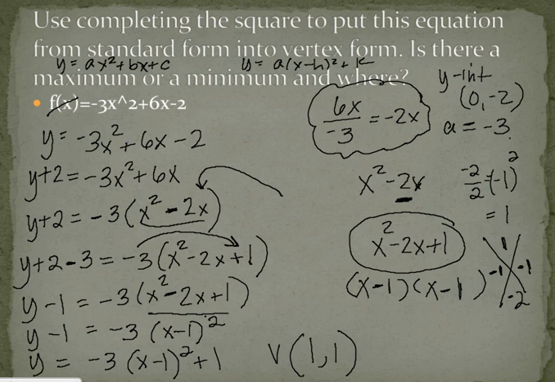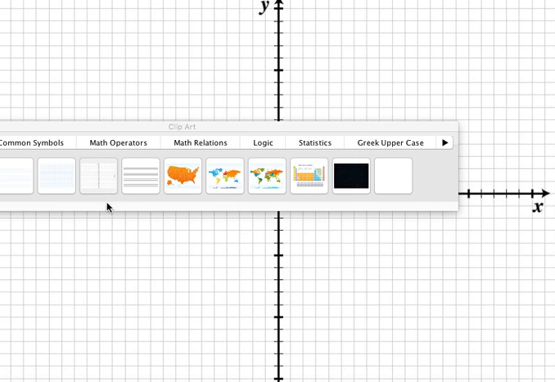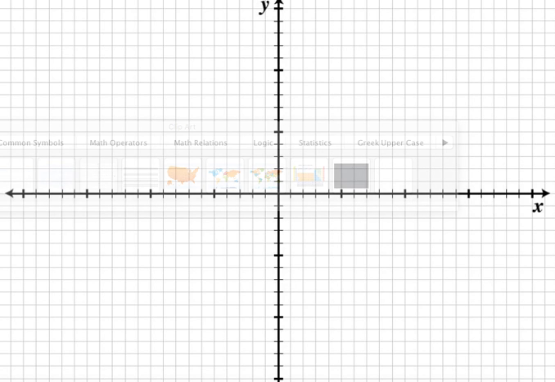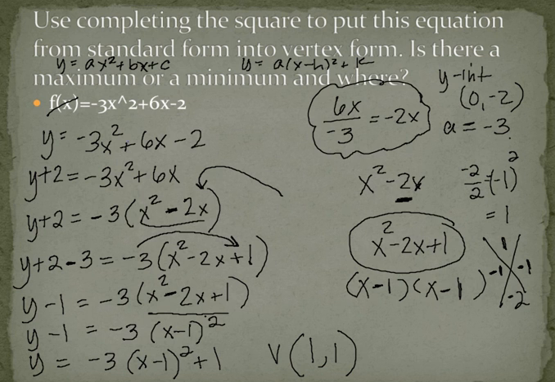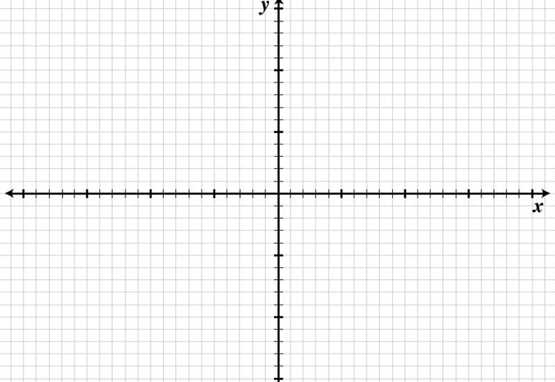So I am going to take just a moment and sketch a graph of this. Vertex (1, 1). A value, negative 3.